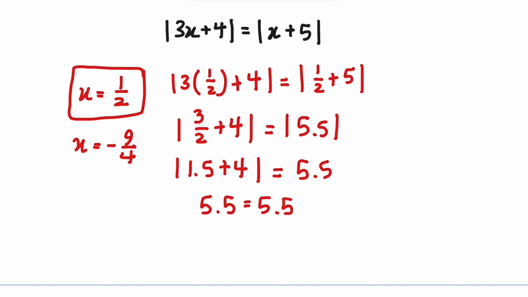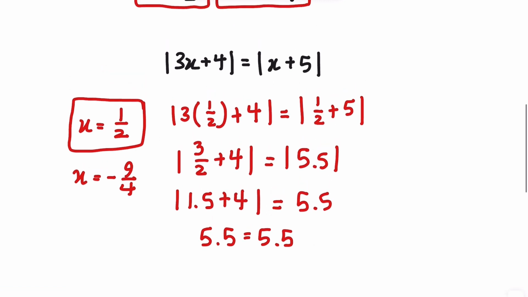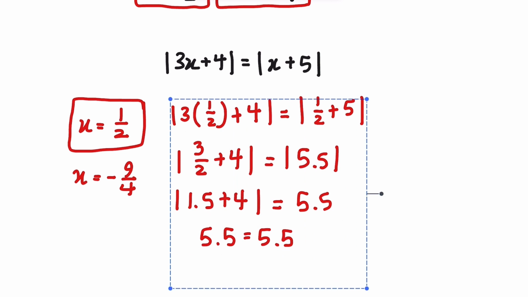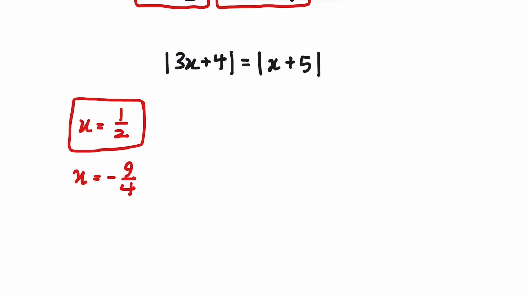So we made sure of the first value of x, which is x equal half. So we need to make sure of the other value, which is x equal -9/4. So we'll substitute the value of -9/4 for the value of x.